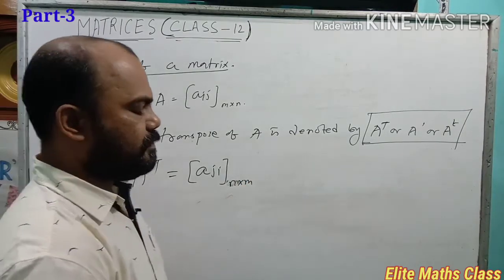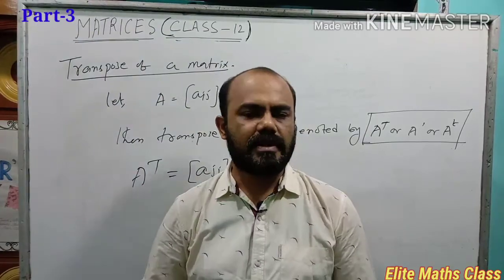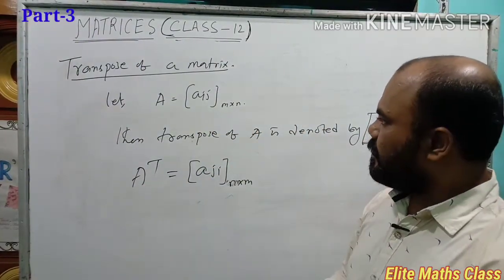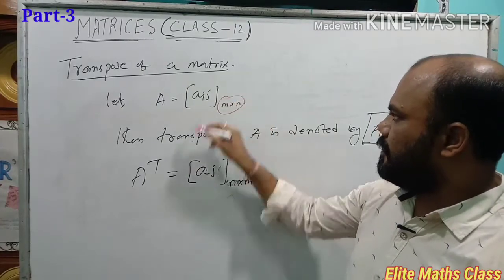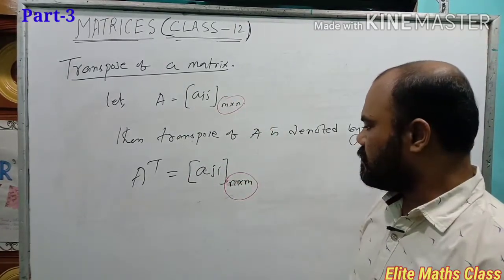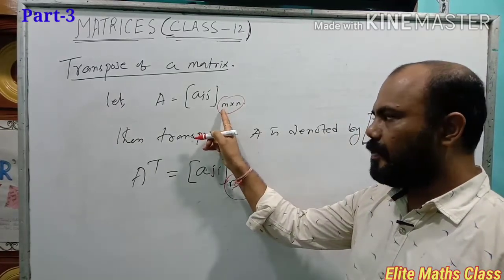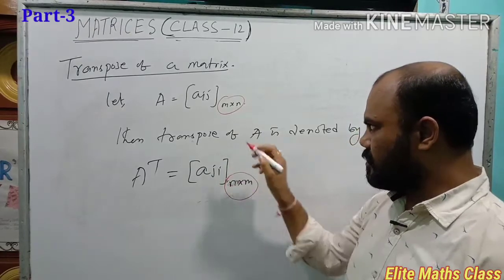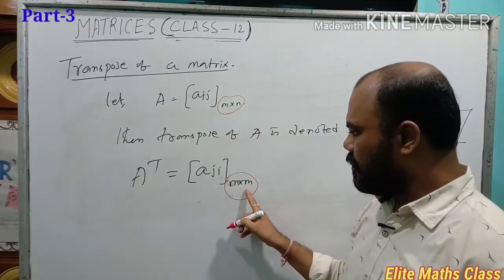Now see, what is there in the transpose of a matrix? The order of the given matrix is m by n, and the order of the transposed matrix is n by m. That is, here the number of rows is m, there the number of rows is n, interchanged. Number of columns is n here, there the number of columns is m.